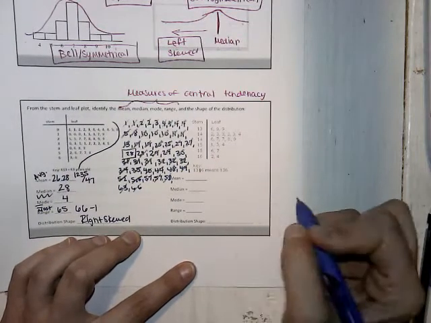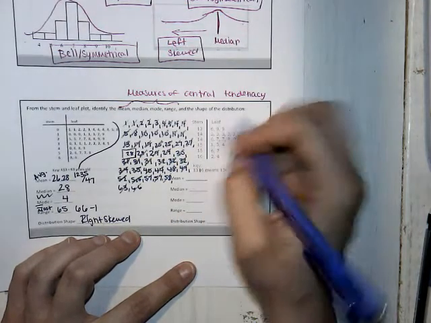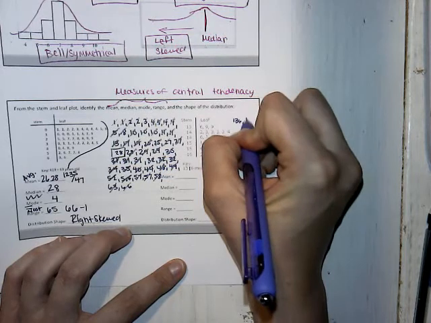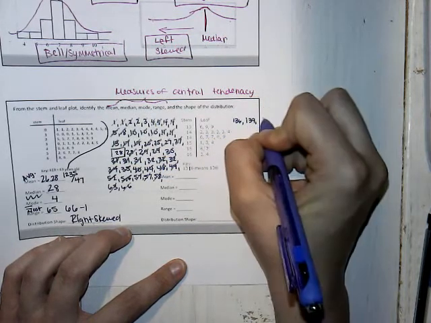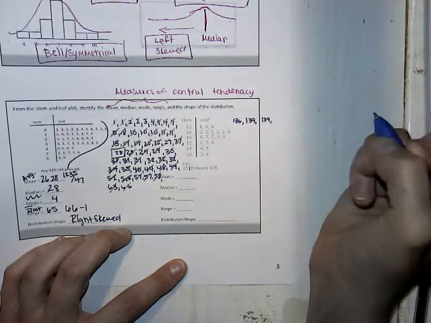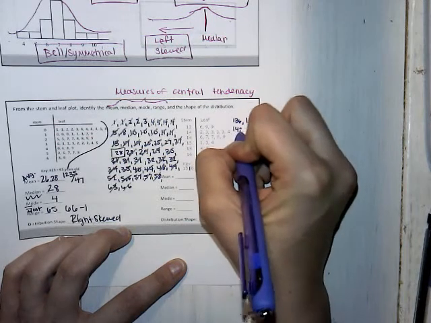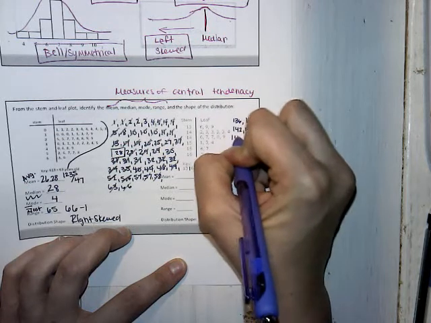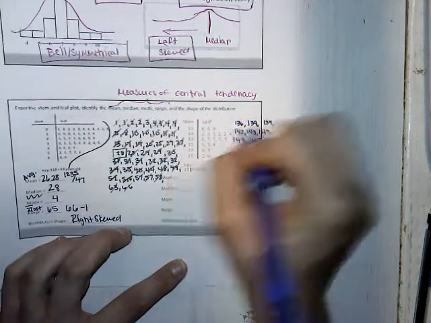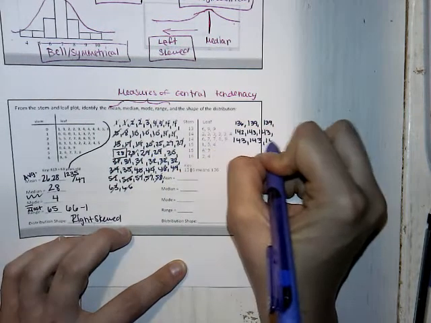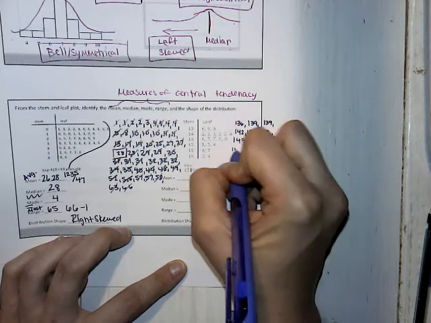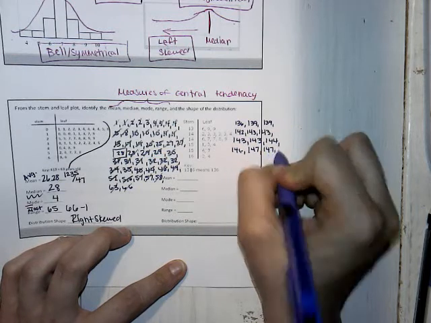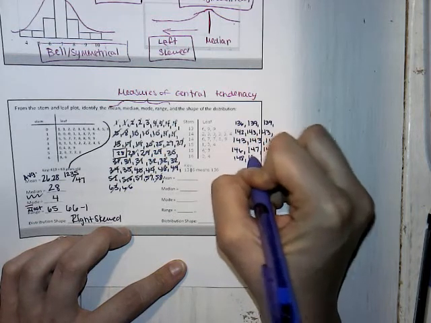There's less numbers here. So 13.6 means 136. So these are bigger numbers here. So I'm going to list out all those numbers. So I have 136, 139, 139, 142, I have 143 4 times, I believe. Yep, 144, 146, 147 twice, 148 and 149.